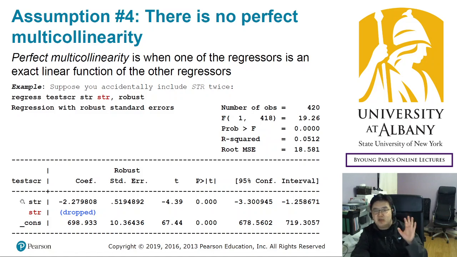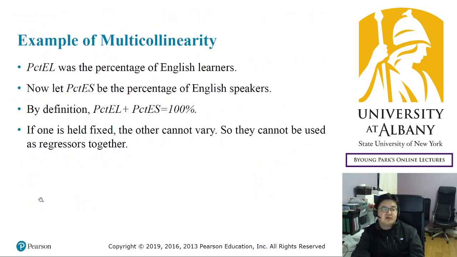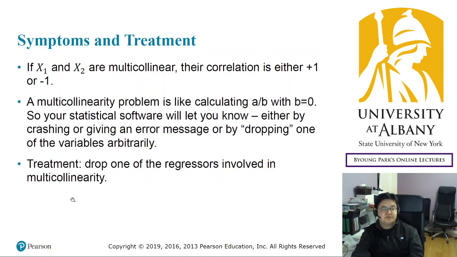Stata has a built-in function in this case. So it is not so difficult to detect the problem, and the solution is also not that difficult. Drop one of them, and usually Stata does it for you.